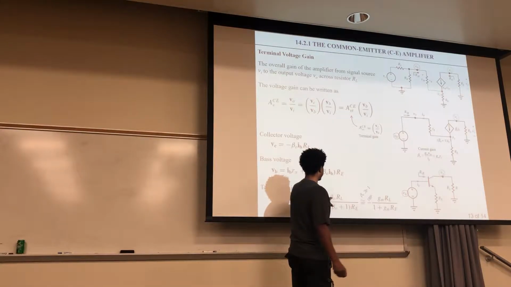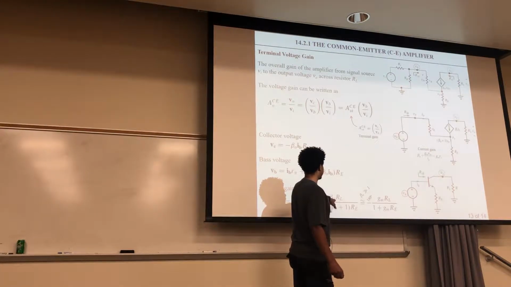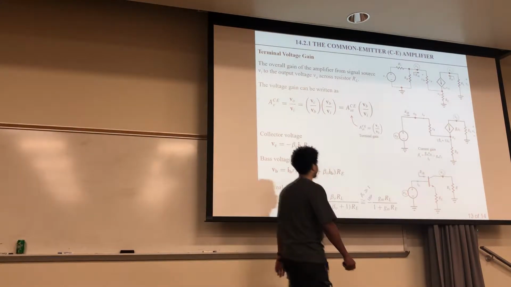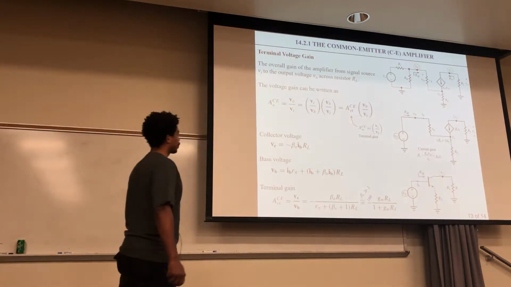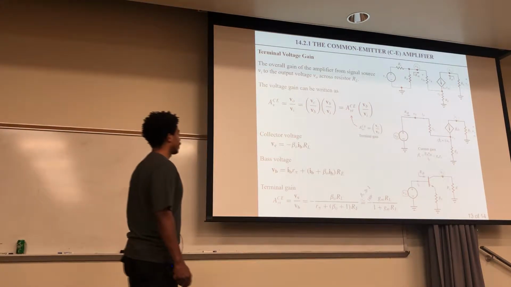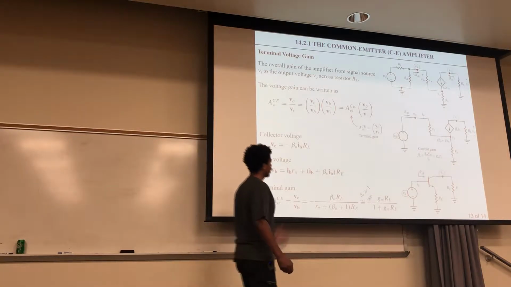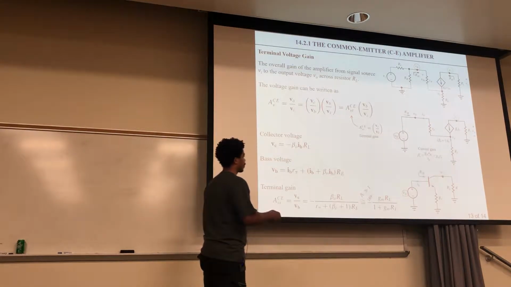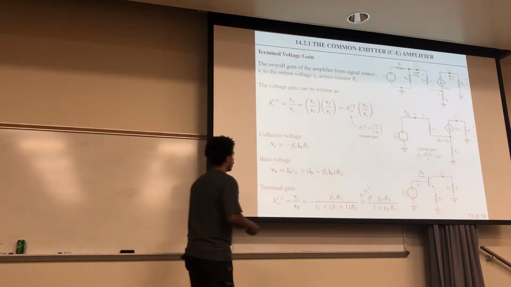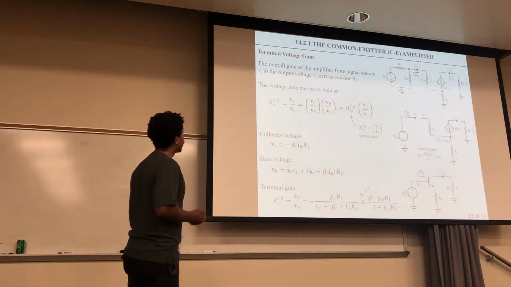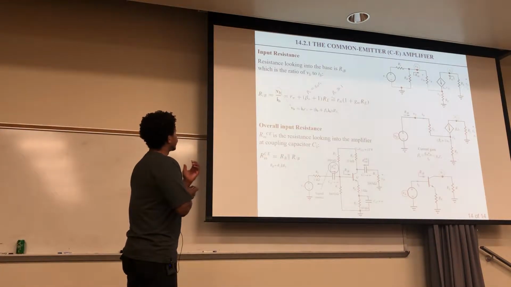I think that's where the GMs are coming from, right there. Okay, so anyways, this is your approximation right here for the terminal gain.